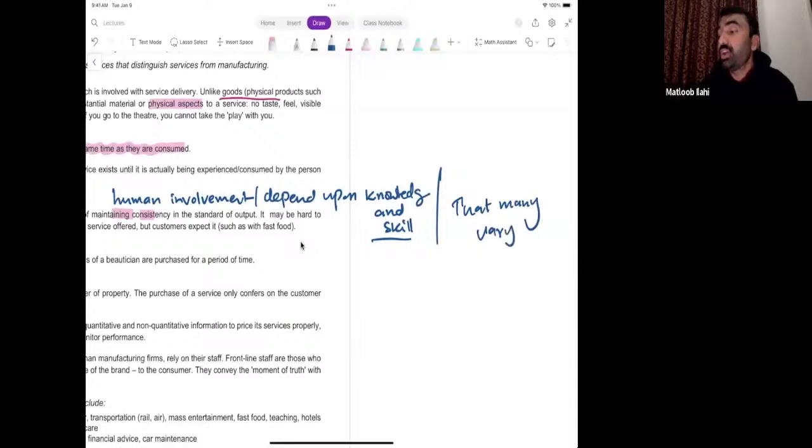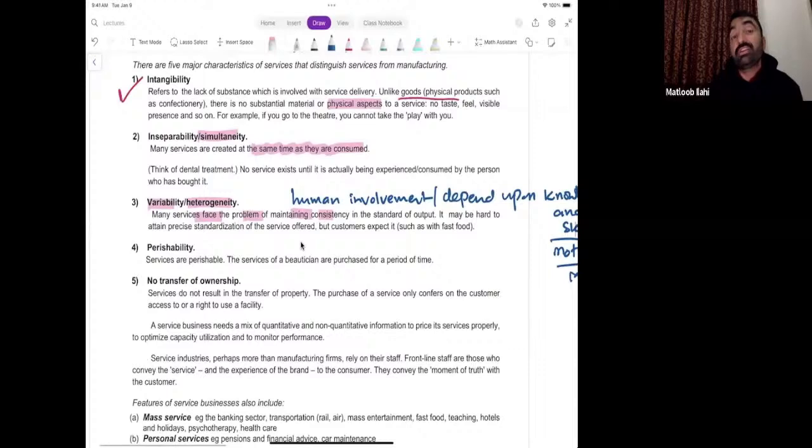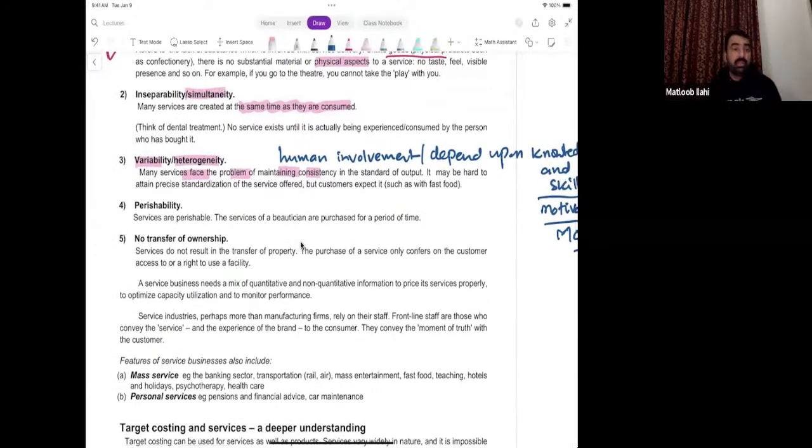Also motivation: a person might be very happy one day and unhappy on another day. So this is about motivation and mood. That's why services vary from person to person. Even the same person providing the same service may not deliver the same service on another day or repeatedly, because of these factors.